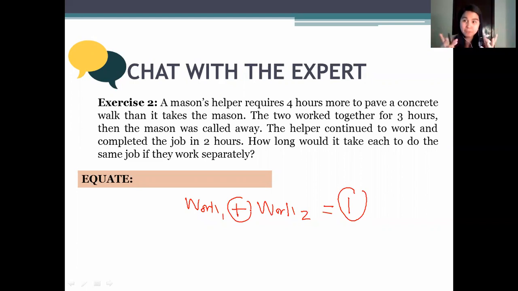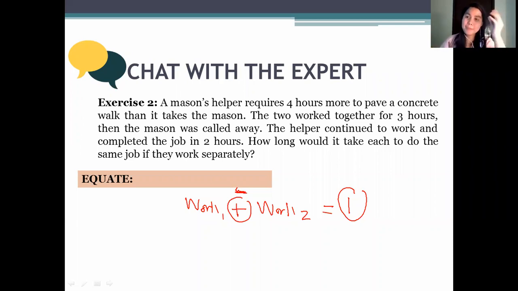Now, you only place plus here if worker 1 and worker 2 are doing the same job or are helping each other. But if one is doing the job and one is not helping, like doing the opposite of this job, then we place minus here. Example, I think you have encountered the problem, the swimming pool with the pipe and the drain open, right?